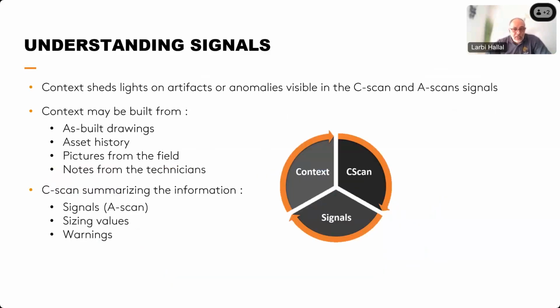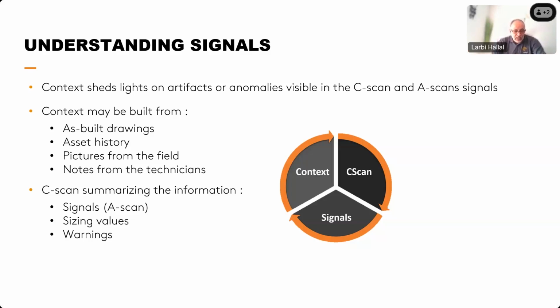Another thing to take into account is the context. For a good interpretation of the data acquired, it's essential to know the context before doing the inspection and also during your inspection. When you are performing your scanning, knowing the context is important because that will shed light on the artifacts or anomalies that can be visible on the C-scan or on your A-scan signal at the end.